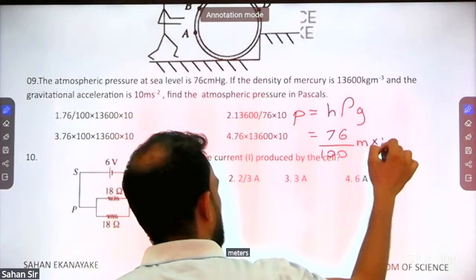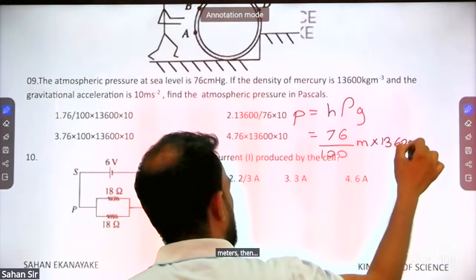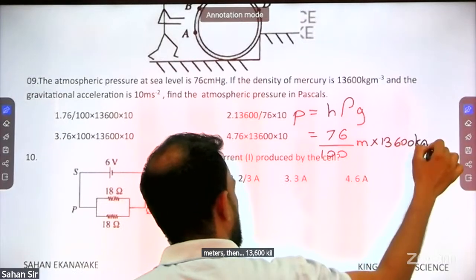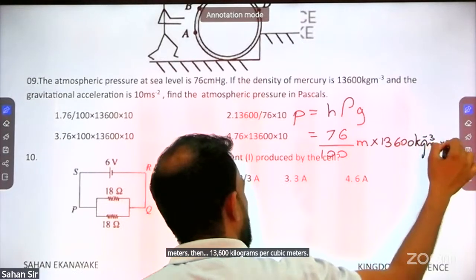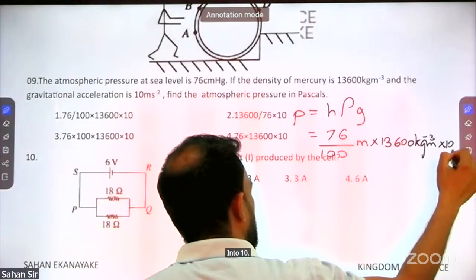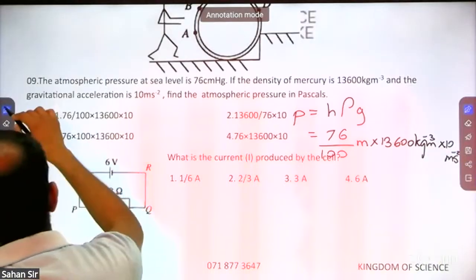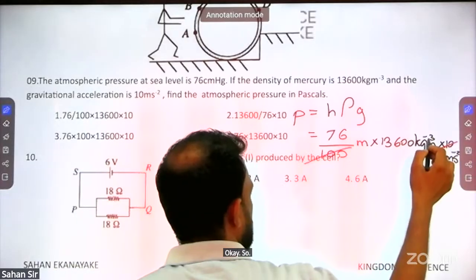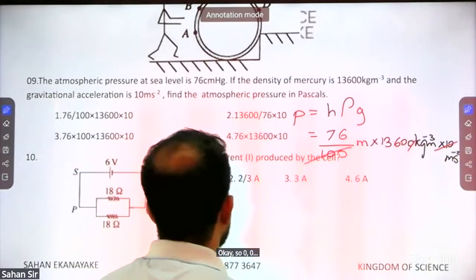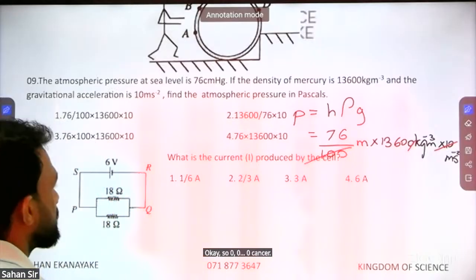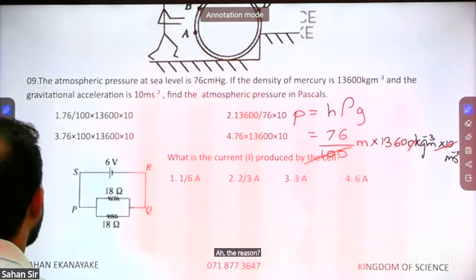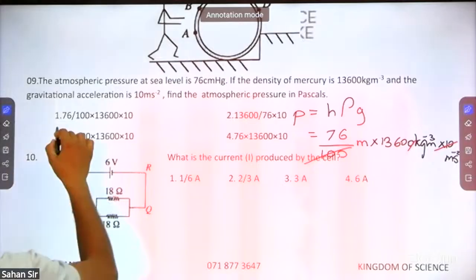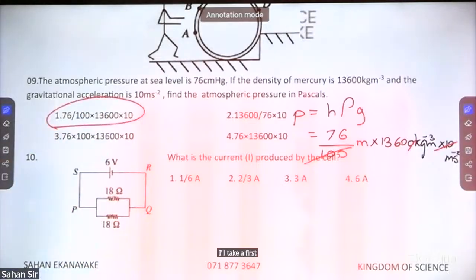Then 13,600 kilograms per cubic meter into 10. So zeros cancel. Very easy, no? Answer the first one, no? First one. It's very easy.